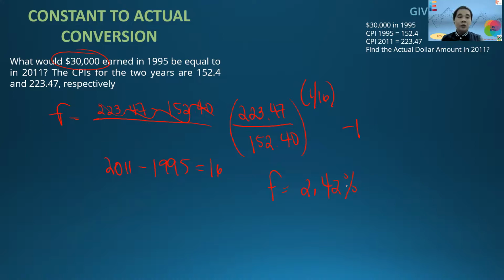So therefore, if you're looking for the actual conversion, you have the constant dollar of 30,000. What is its actual in terms of the year 2011? Knowing that F is equal to P times 1 plus i to the exponent of n, your F, or the future value of the 30,000 earned in 1995, is 30,000 times 1 plus i, to the exponent of 16 years.